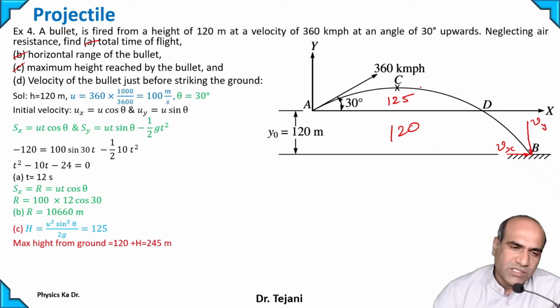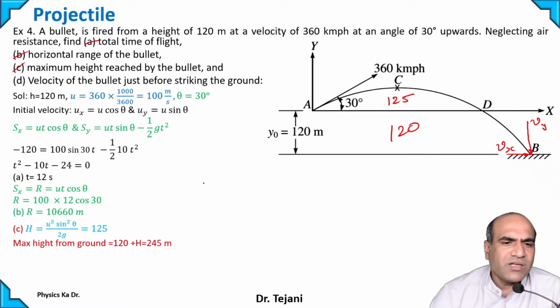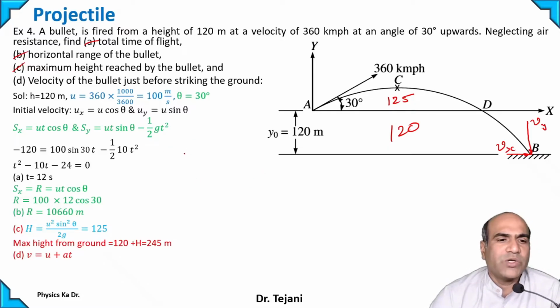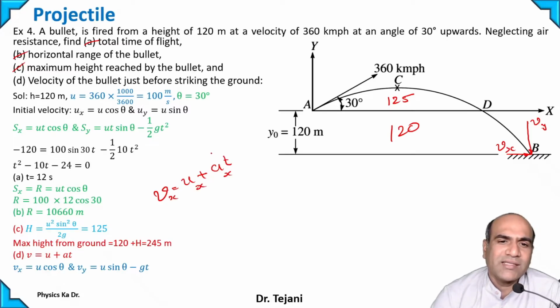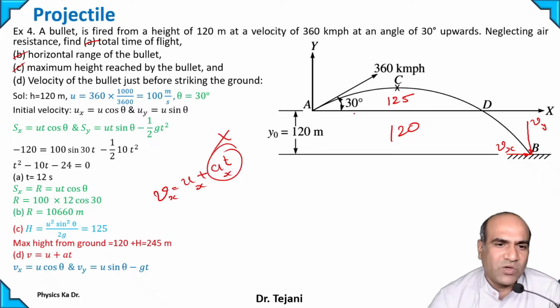Now what? We have another equation for the velocity: V is equal to u plus at. For the horizontal component, ax is 0, and ux is equal to u cos theta, that we know very well.